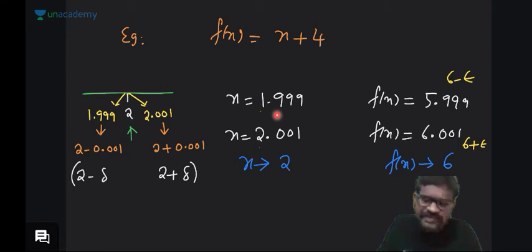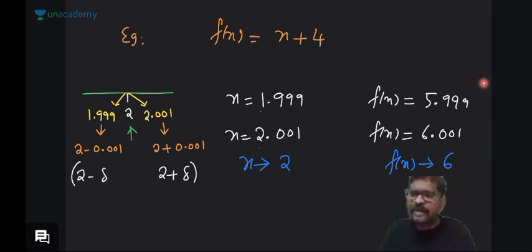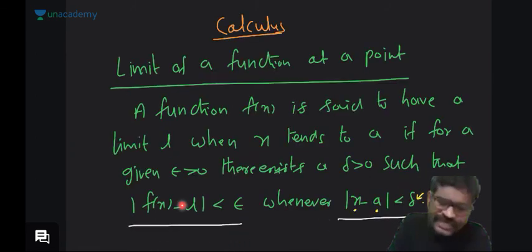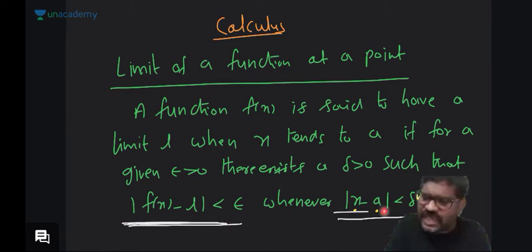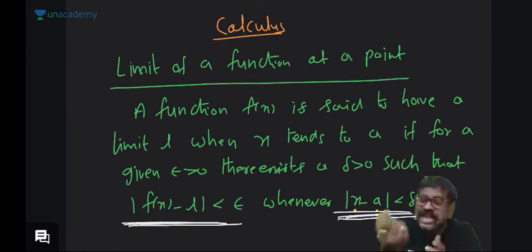What does it mean? Very simple. Whenever x is closer to a, f of x is closer to L. Same thing they have given here. This statement, mod x minus a less than delta, means the distance between x and a is less than delta. Whenever distance between x and a is less than delta, at the same time distance between f of x and L is very small.